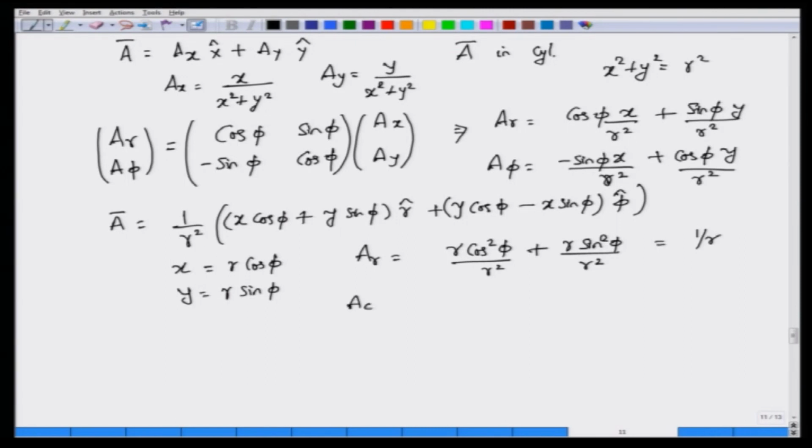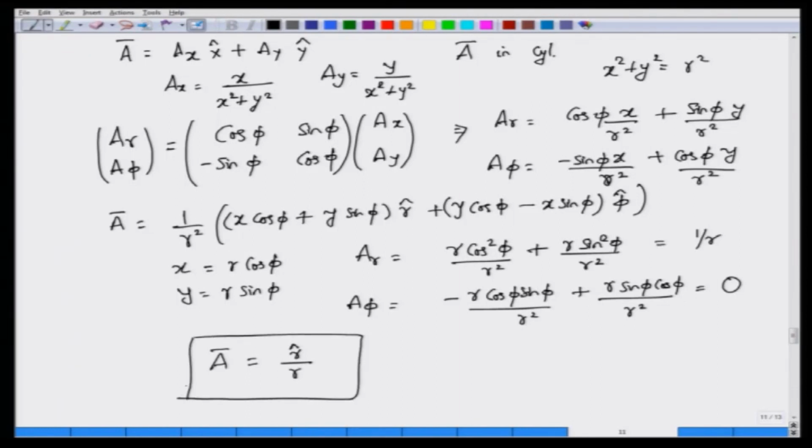And A phi is equal to minus x, which is r cos phi, so I have minus r cos phi sin phi by r square plus y, which is r sin phi, cos phi by r square, which is equal to a big 0. So, the vector A in the cylindrical coordinate system is simply given by r hat divided by r.